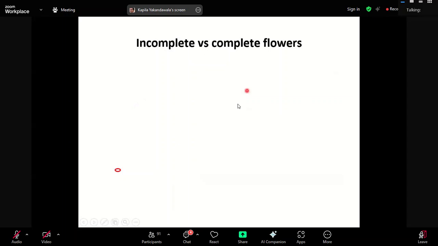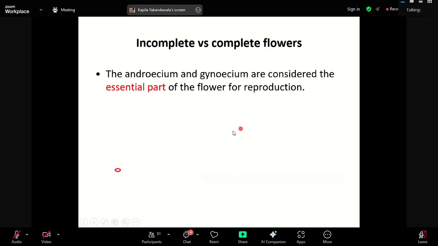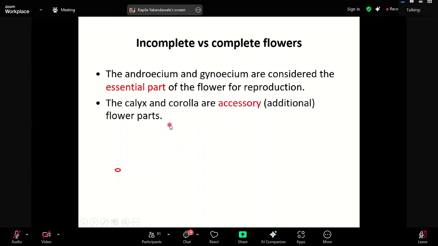Then incomplete versus complete flowers. Usually in a flower, the male and female parts, androecium and gynoecium, are considered the essential parts of the flower. And calyx and corolla, sepals and petals, are additional or accessory parts.